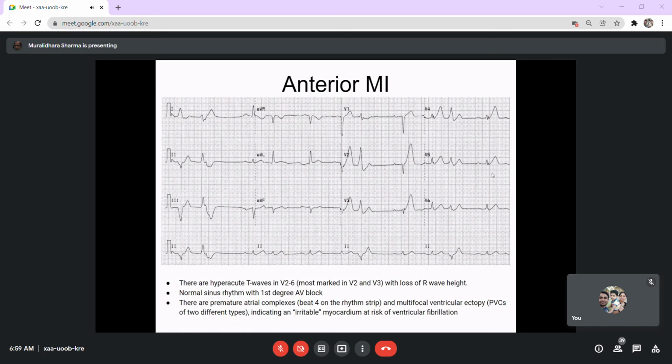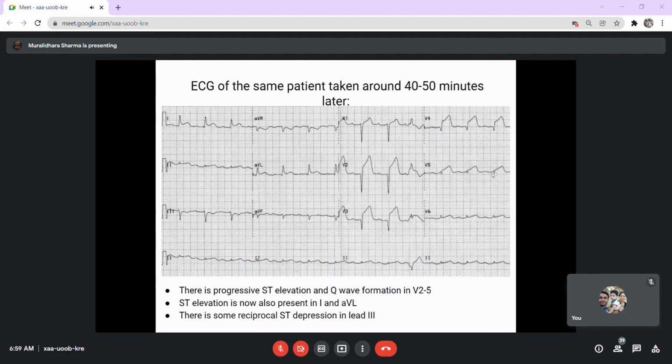If there is a block already developed in the AV area, then the chances are that ventricular beating and ventricular contractions may keep the patient alive. So you may have more time. Whereas if there is no block, there is a high risk of sudden death, and the patient needs immediate care in the ICU and continuous monitoring and so on. So that's about the same.